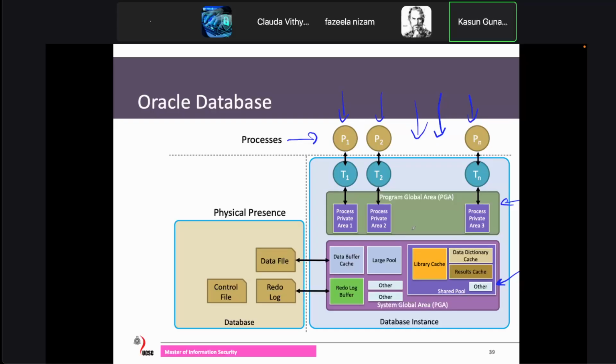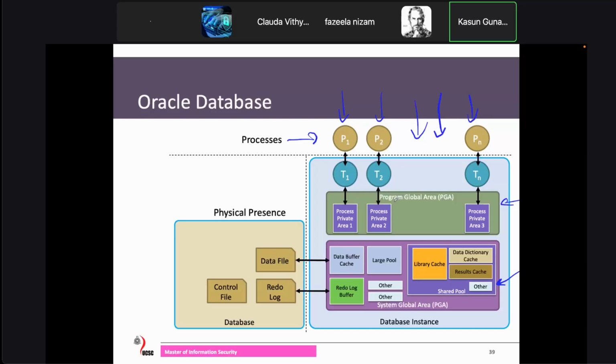Then to cater those tasks or processes, you need some other facilities as well. Actually, processing the data, presenting, structuring, and filtering, all these tasks should be carried out in other areas in the memory. That is basically the system global area. It's a shared memory region that holds data and control information for efficient database operations.